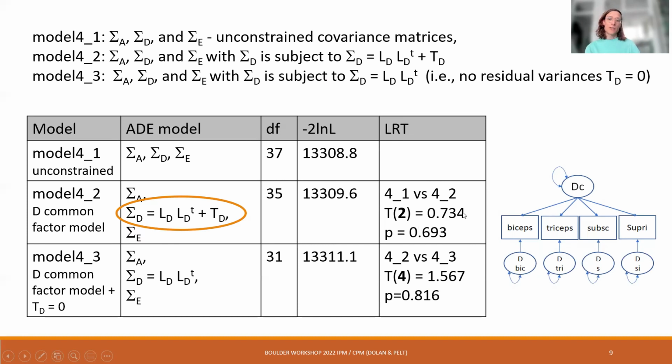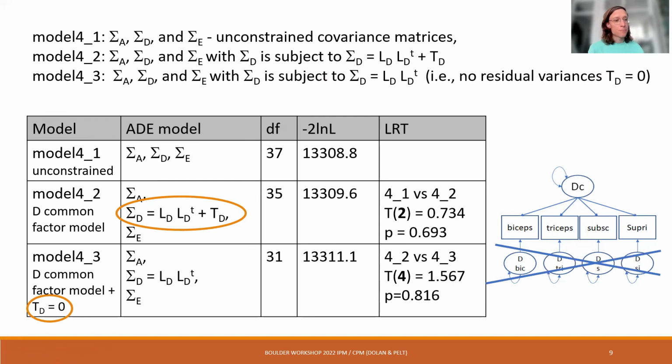And then we compare this test statistic, which is 0.73, to a chi-square distribution with 2 degrees of freedom, and we see that the p-value is 0.69, which means that our constrained common factor model applied to D does not fit significantly worse than the unconstrained ADE model 4.1. So in that sense, the model seems to hold.